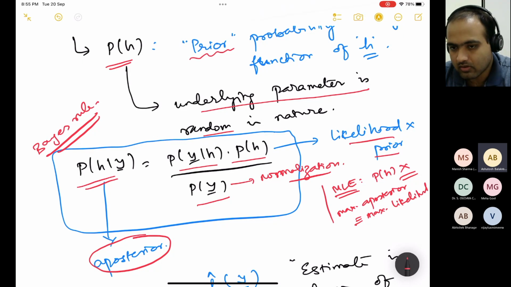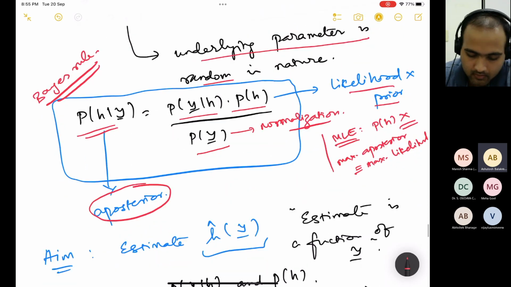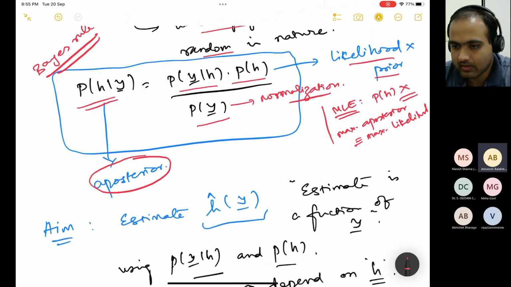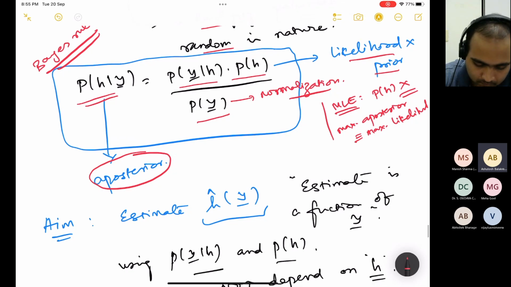This was the concept which we were using, but now maximum likelihood does not exist because we have a prior also. So now we need to maximize the a posteriori probability, that is the probability of h given y, right? And in fact, we are going to derive that the estimate of h, that is h hat, is actually coming out in terms of the posterior.